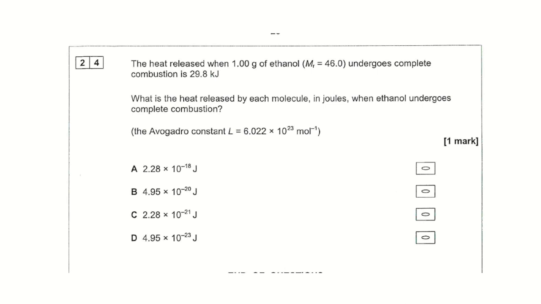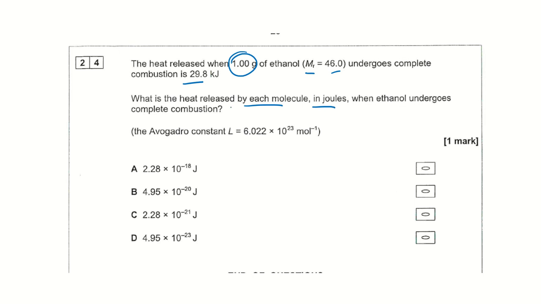Last but not least, this rather challenging question. Hopefully when I draw it out here you'll see that it actually wasn't too bad. The heat release for 1 gram of ethanol, Mr 46, when it undergoes complete combustion. What we had to do was calculate the heat released by each molecule in joules.